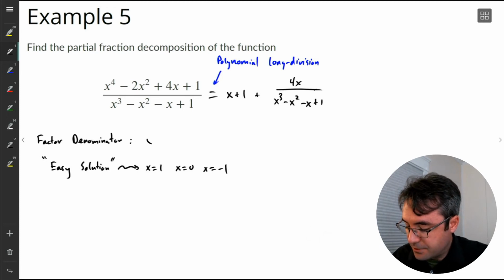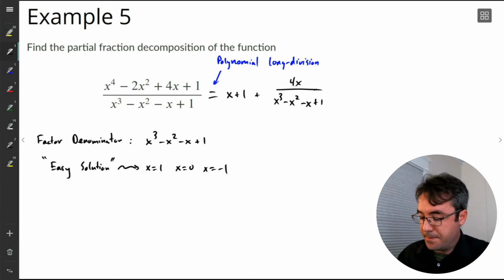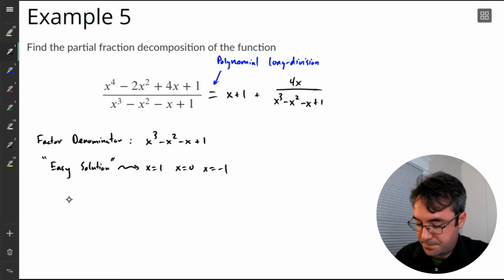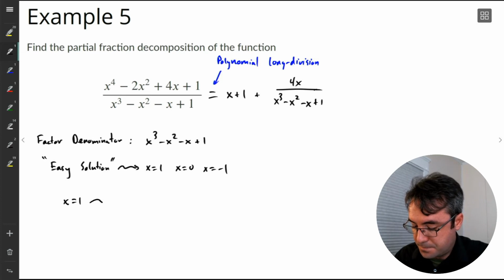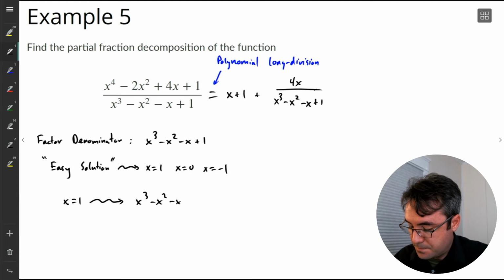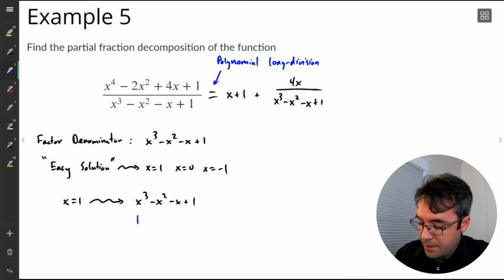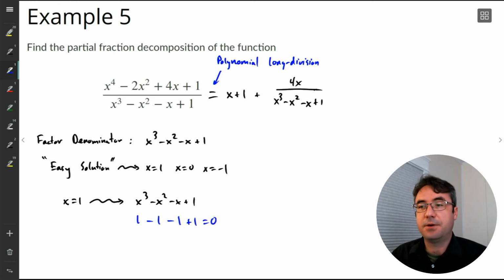So we're trying to factor our denominator. Let's try x equals 1. Let's plug x equals 1 into this. When we do that, what do we get? We get 1 cubed, well, 1 minus 1 minus 1 plus 1, which is equal to 0.